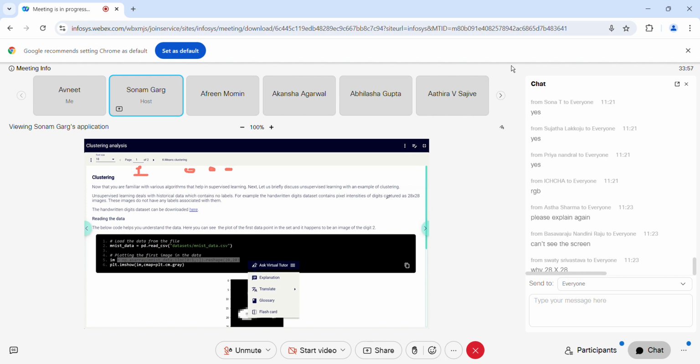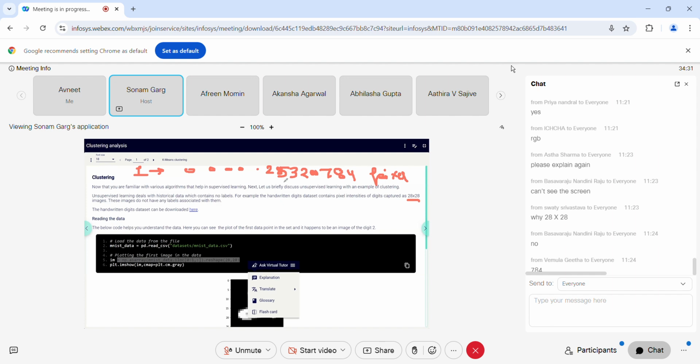28 cross 28, because this data set contains 784 columns, right? 784 pixels were there. So 784 pixels means a 28 cross 28 image. So 28 pixels horizontally, 28 pixels vertically have been taken in this data set. That's how 784. Now refer to only row number 1, where you have 0, 0, 0, 0, 0, and so on. But at some places we saw it was 253, some place it was, let's say, 200.